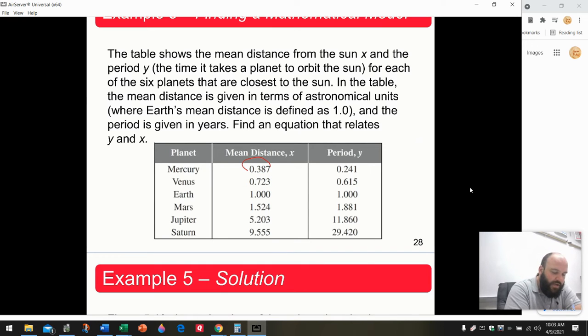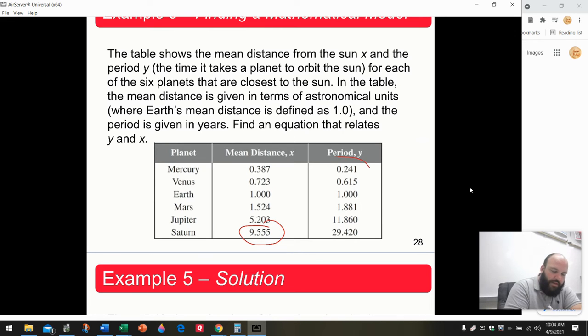And Mercury is a lot closer to the sun than the Earth is. Now, on the opposite end of that, you can see Mars is a little bit further away from the sun. It's 1.5 distance that we are from the sun. And then we get to Jupiter, which is more than 5 times away, and Saturn, which is 9.5 times further to the sun than the Earth is.